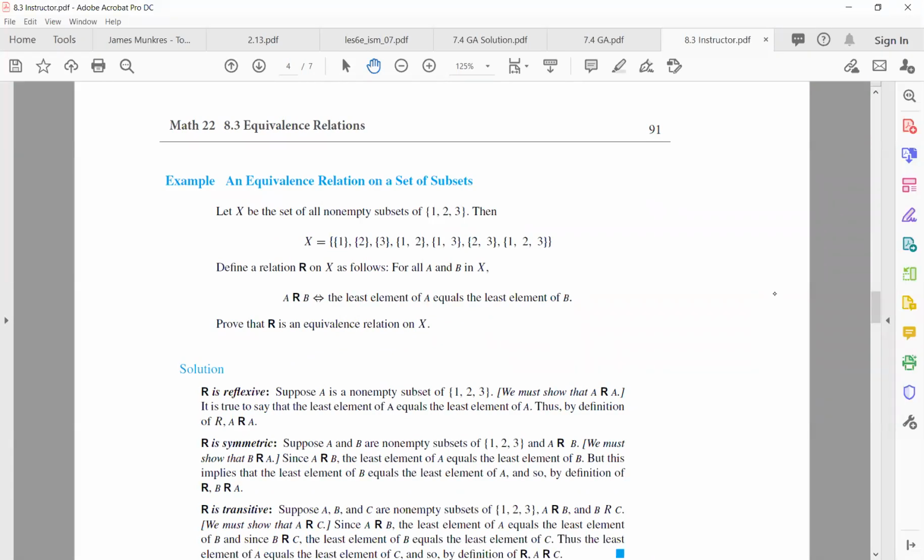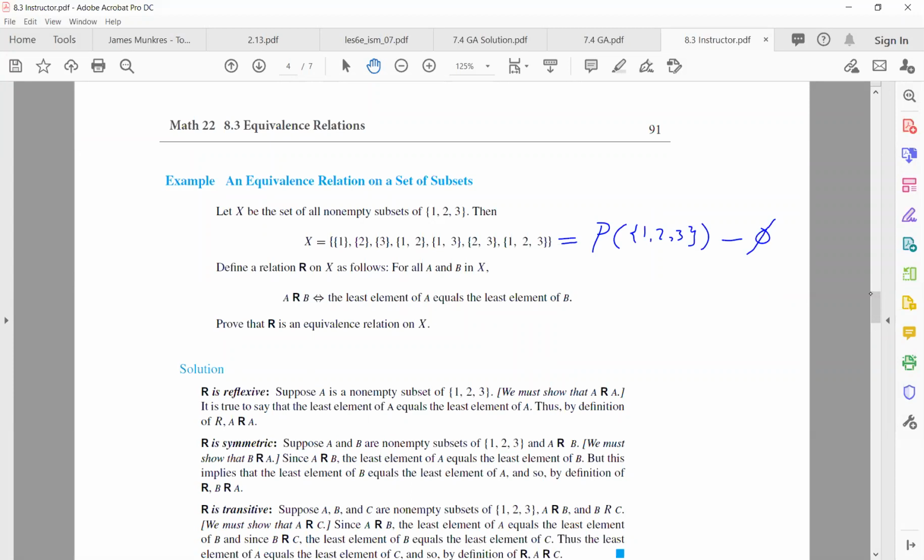Or you can say that, hey, I have the power set of {1, 2, 3} minus the empty set. They are equivalent to each other. The question says, define a relation R on X as follows, and show that the relation is an equivalence relation.